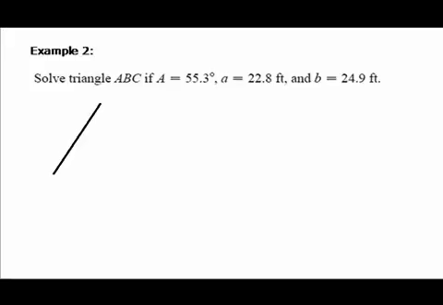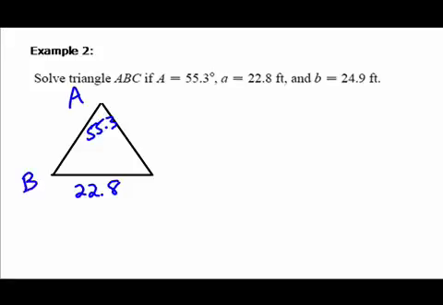Let's label our triangle. Angle A, 55.3. Side A, 22.8. Side B, 24.9.